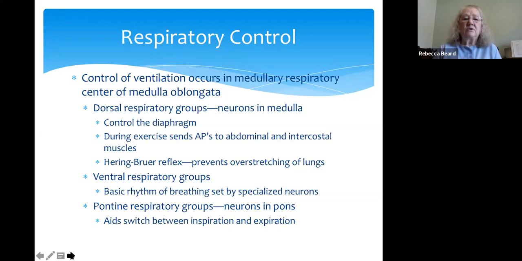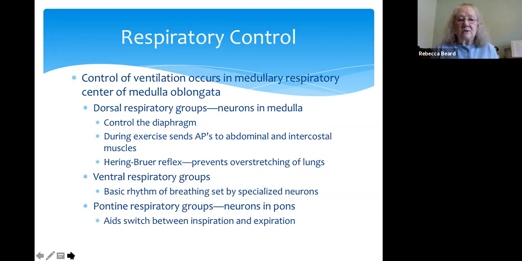And the dorsal respiratory group is going to be involved in controlling the diaphragm, telling the diaphragm when to contract and when to relax. During exercise especially, the dorsal group is going to send those action potentials to the abdominal and intercostal muscles as well, so that you can breathe deeper.